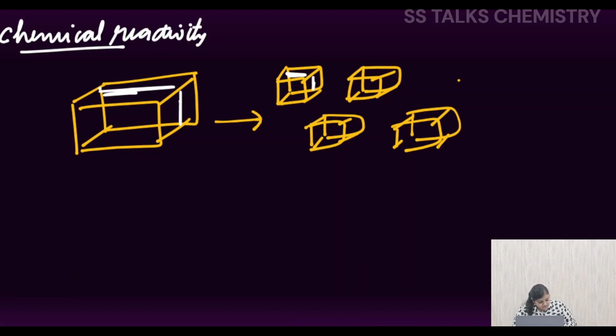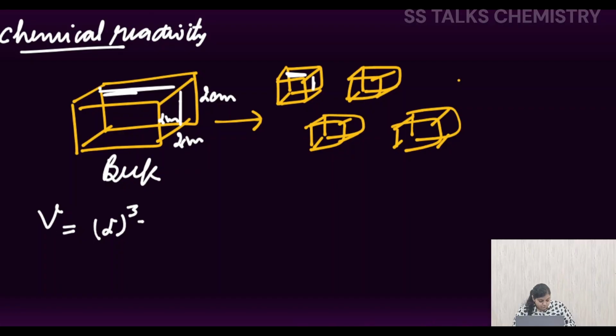Suppose you have this cube of bulk material. Suppose it is of length 2 centimeter; it has length, breadth and height, and all are 2 centimeter. If I find the volume, that is side cube, so 2 cube, which is equal to 8 cubic centimeter.